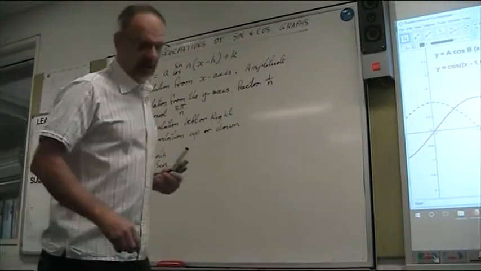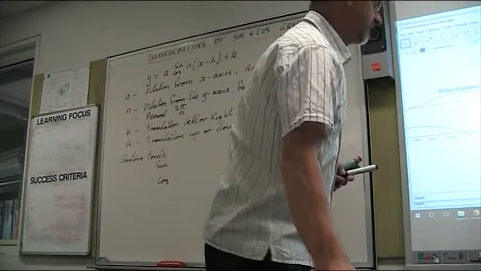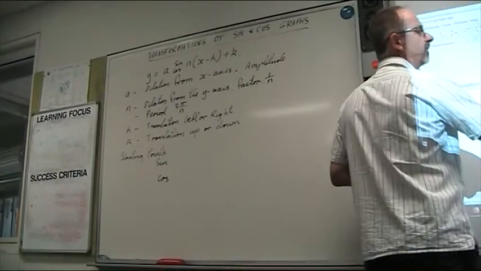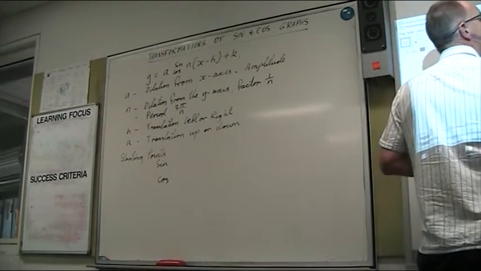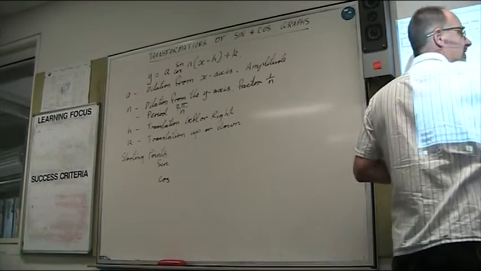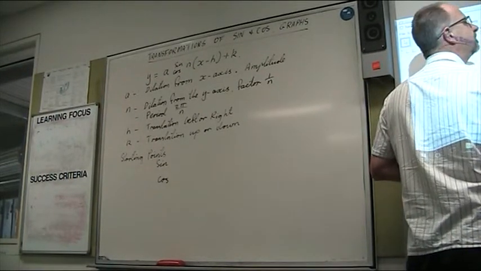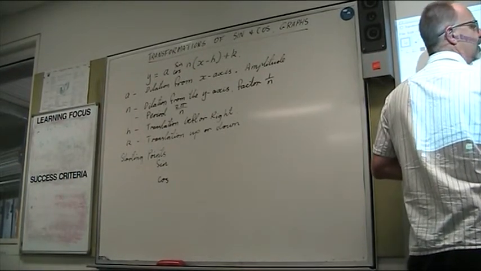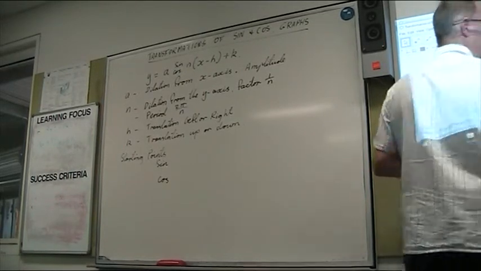All right, so the sine one. So the sine one is pretty simple. So it's usually 0, 0. And because in this case I've moved to the right, pi on 2 and then up 3, my starting point is now there, pi on 2 and 3. So which is simply the h and the k.